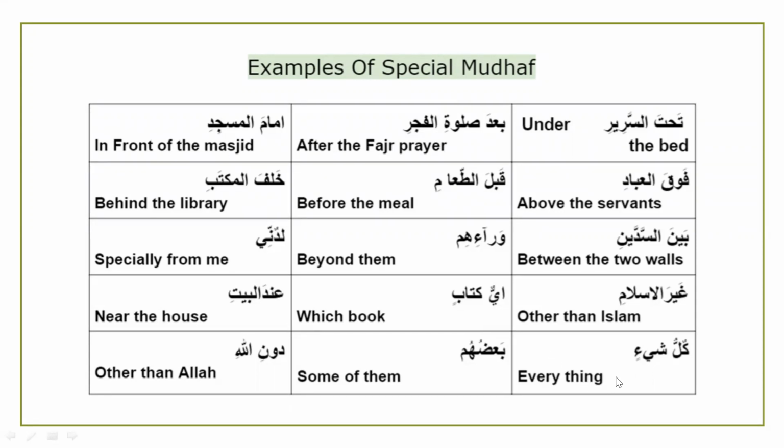Kullu shay'in, everything. So no mention of time or place. So this is a special mudaf, but it's not a zarf. Ba'duhum, some of them. Again, ba'du doesn't say anything about time or place. It's just saying some of them, denoting partiality. So it's a special mudaf, but not zarf. Dunillahi, other than Allah. Again, it's a special mudaf.